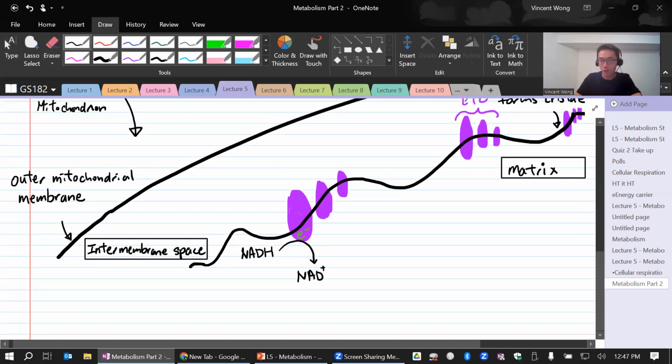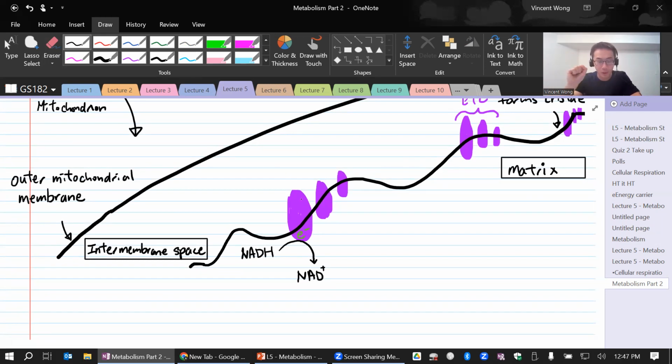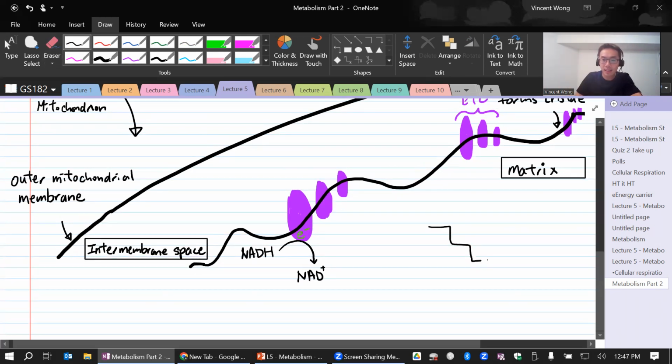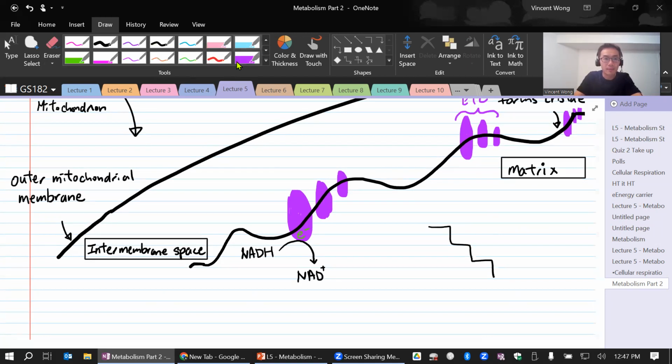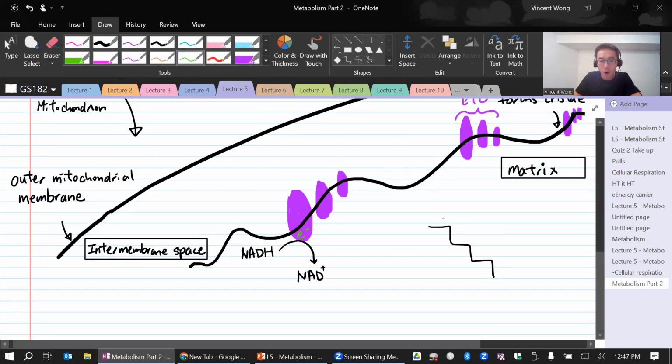So this electron is high in energy. We have been calling it high energy electron the whole time. And the ETC, you can think of it as like stairs, all right? You drop a ball at the top of stairs, and then it just bounces down, right? So this electron is going to get passed down from one protein to the next protein, just like the ball going down the stairs.